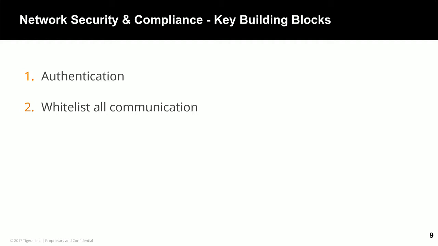And if that is indeed the case, you have to work in a model where you're not relying on security based on a particular pod or workload sitting in an aspect of your network. You have to still whitelist everything. And that's the fundamental building block for a good network security posture.